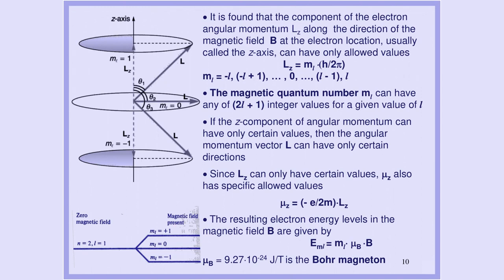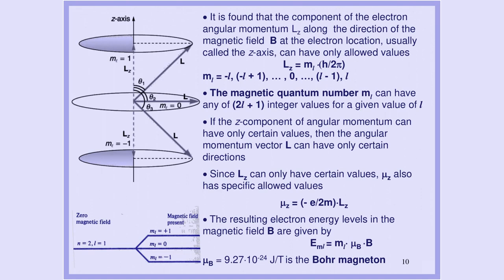If the z component of angular momentum can have only certain values, then the angular momentum vector can have only certain directions. Since angular momentum can only have certain values, the magnetic moment also has specific allowed values.